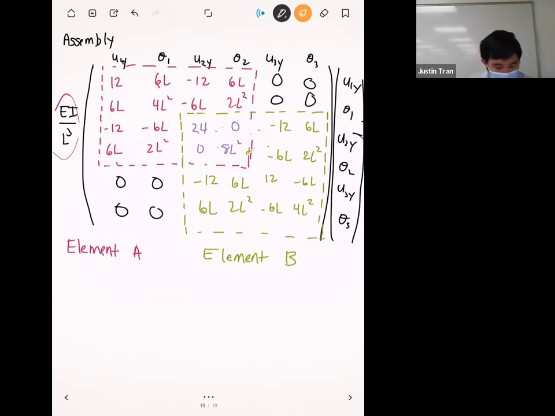All right. And so the last thing that we can do with this problem, since we don't have any numbers, is to apply our boundary conditions. And so first let's apply our constraints. For our constraints, we know that node 1 is at a fixed support.